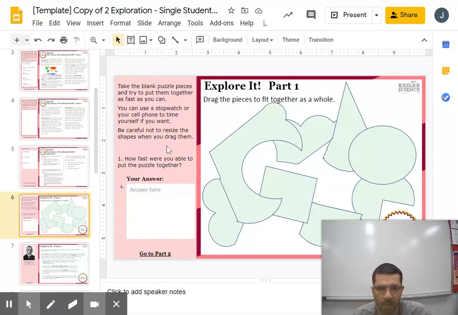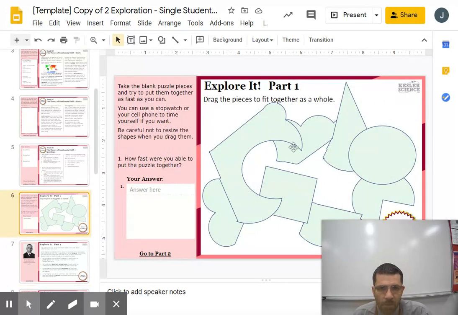This first slide here, what you're going to do is you're going to time yourself. So use your cell phone or look at the clock, or any sort of timer, and you're going to start the timer and you're going to assemble this puzzle and see how long it takes you to complete it, and then record the time here.